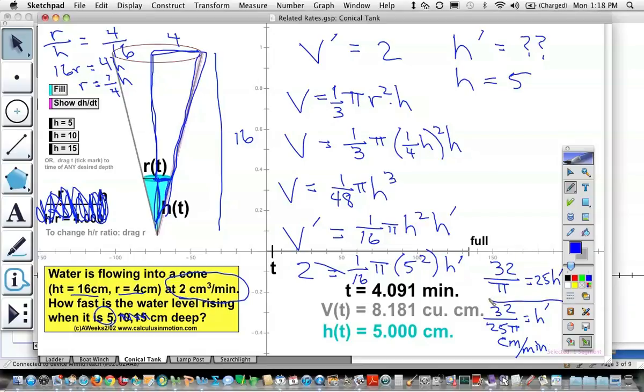And if you want to get the decimal equivalent of that, that would be fine. Okay? So I'll leave those up here. That is what a related rate problem looks like.